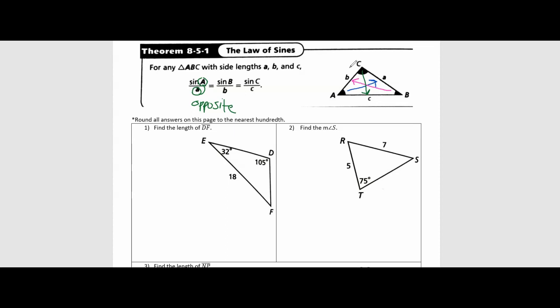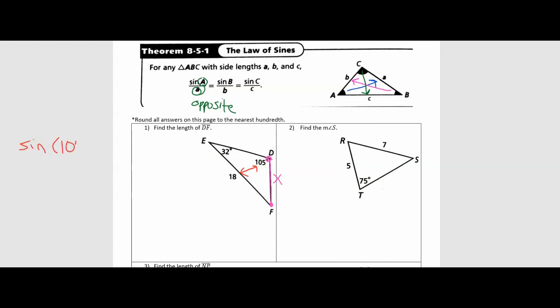Problem number 1 says we need to find the length of DF. So I need to find the length of this pink side. We'll call that x. Well, let's think about, can we set up two ratios that are equal to one another? Well, I know that this angle and this side are across from one another.